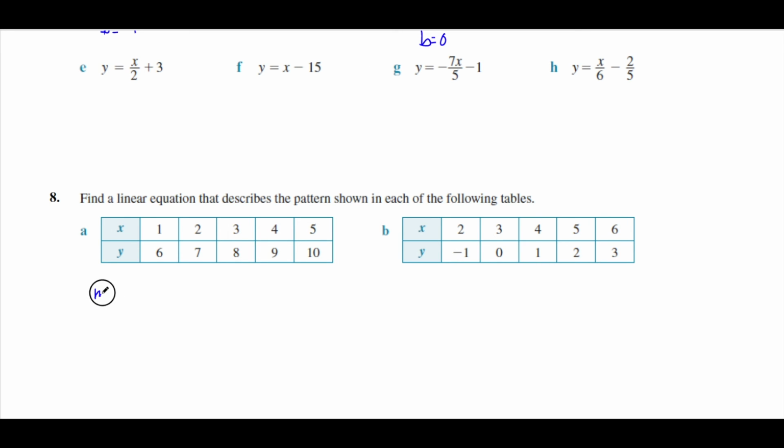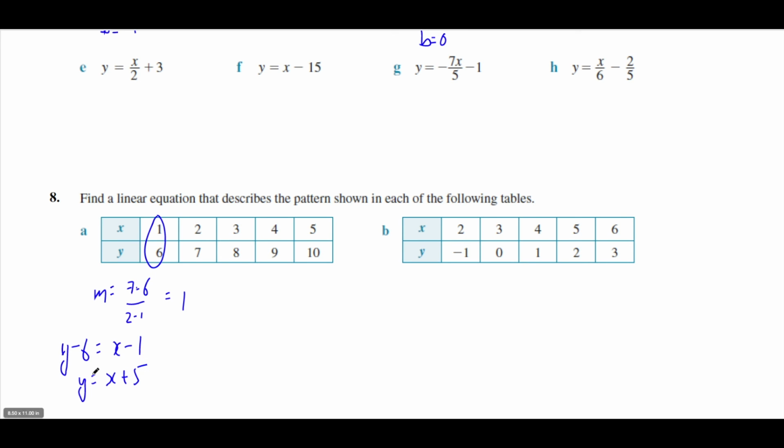So you find the gradient by using y2 take away y1, which gives you 1, right? And then you have to use the point gradient formula. So y take away one of the points. So I'm going to pick that point. Y take away 6 equals to gradient, which is 1, x take away 1. So y is equal to x plus 6 to both sides, plus 5.